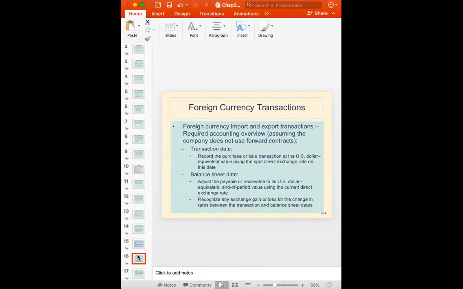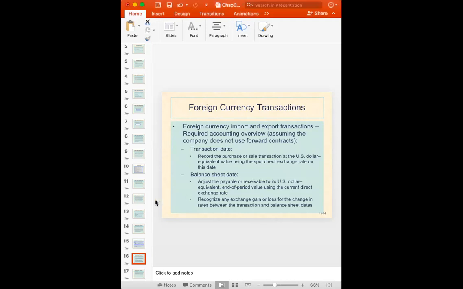All right. In the previous example, the US company used the US dollar as the primary currency to perform its financial and operating functions. We call it the functional currency.